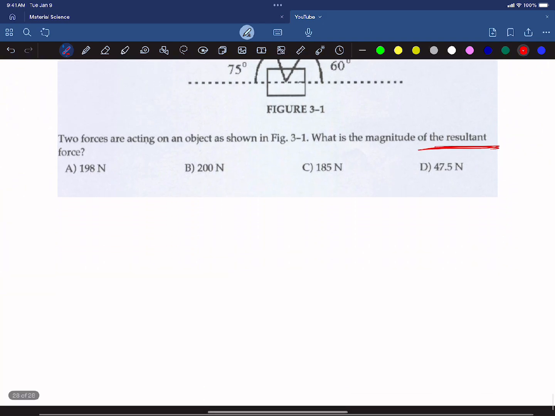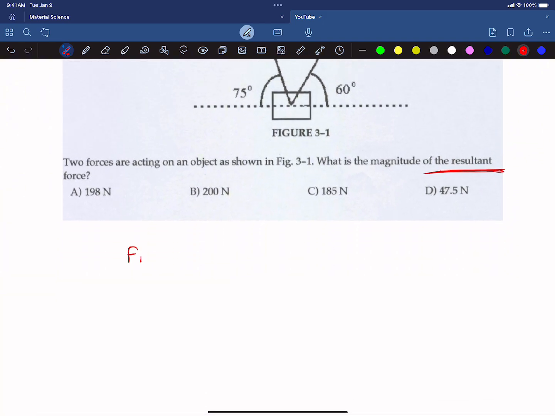So let's do that. F1 is equal to 120 Newton at 60 degrees with the positive x-axis.